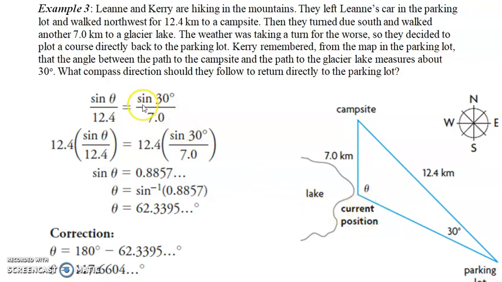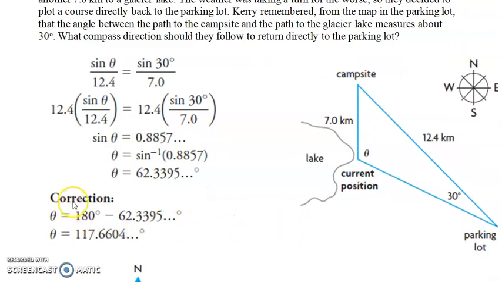So we do the law of sines. We know an angle and the opposite side. We're looking for an angle with the given opposite side. So we use the law of sines. We figure out that theta is equal to 62.3395, which we obviously know is not correct, right? It's bigger than that. That's because, again, the ambiguous case.